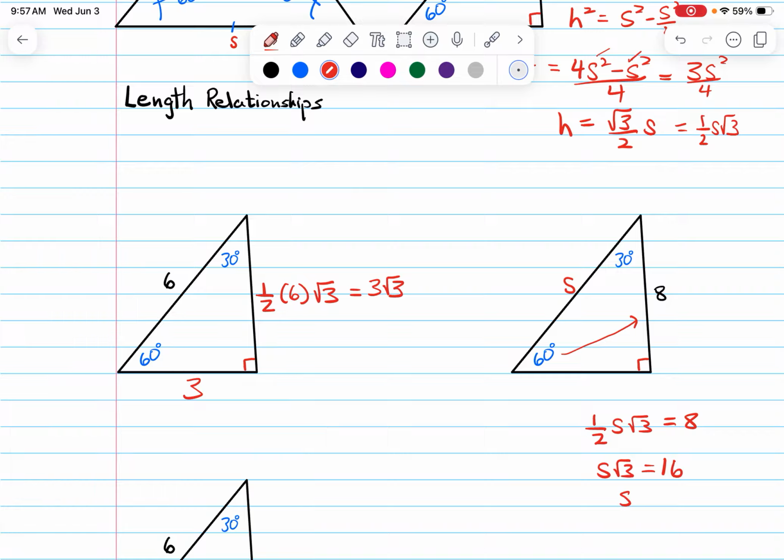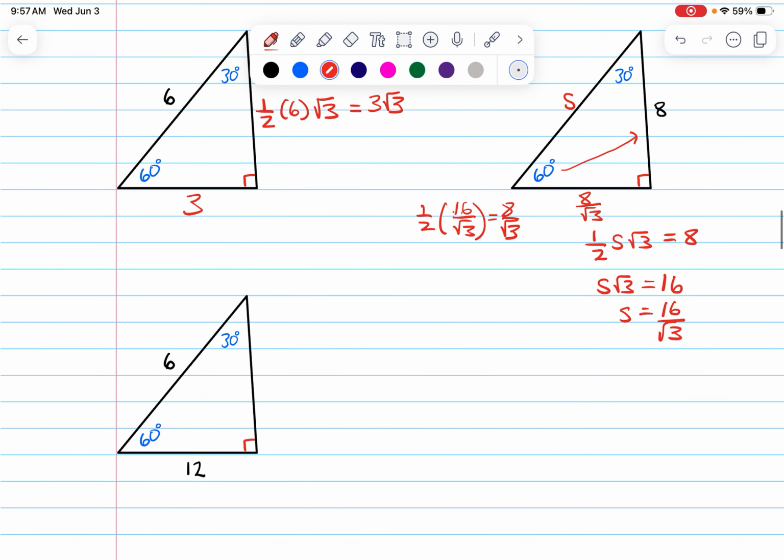That means s is equal to 16 over the square root of 3. Now, the other side is just 1/2 of that, so that's 8 over the square root of 3. See? 2 will go into 16 8 times. Yeah, that's it.